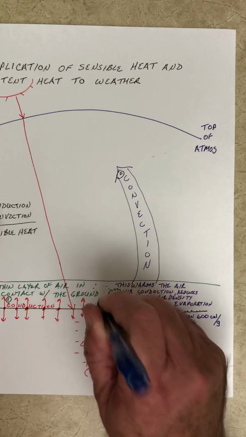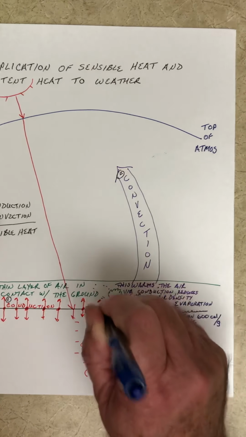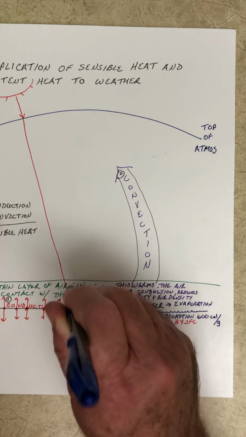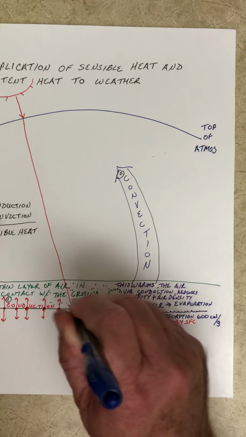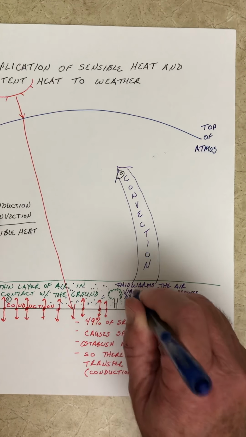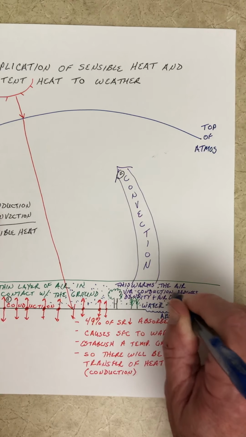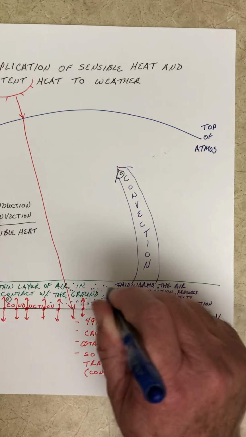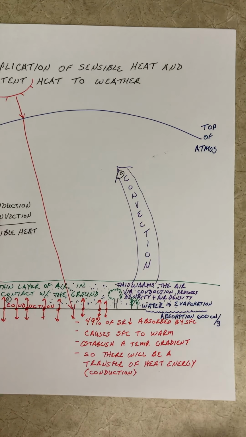So I'm making little dots here to represent water vapor molecules that are in this thin layer of air that's in contact with the ground surface. Evaporation converts liquid water into water vapor. Water vapor, these little blue dots that I'm drawing in the thin layer of air in contact with the ground, is going to hitch a ride now.